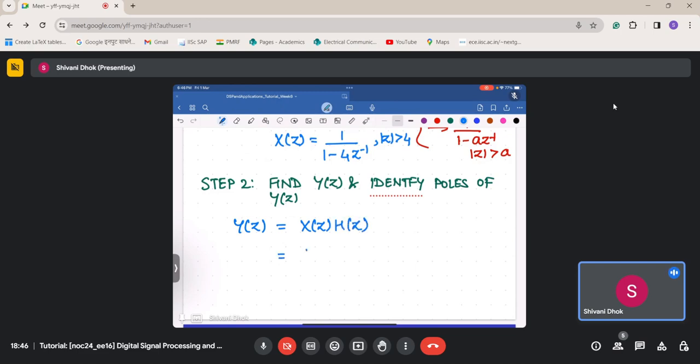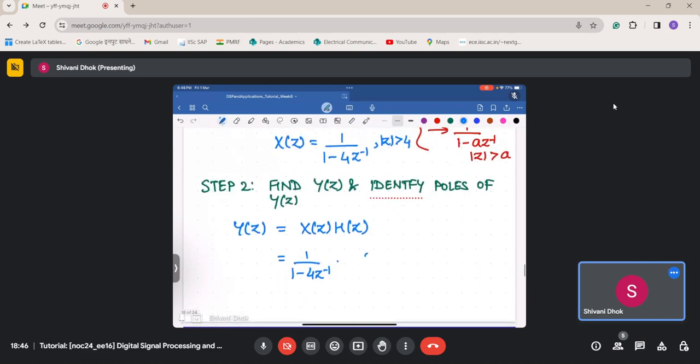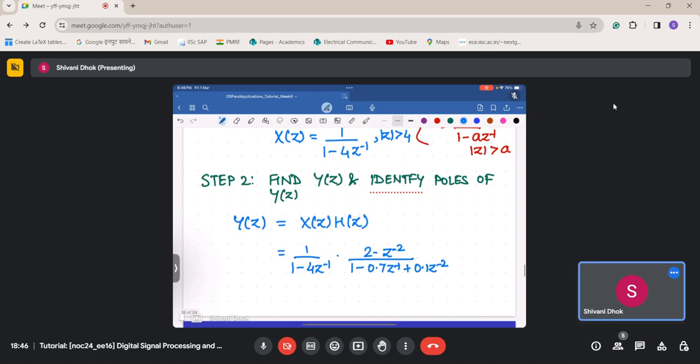So x of z is 1 upon 1 minus 4z inverse, and my h of z was 2 minus z to the power minus 2 upon 1 minus 0.7 z inverse plus 0.1 z to the power minus 2.